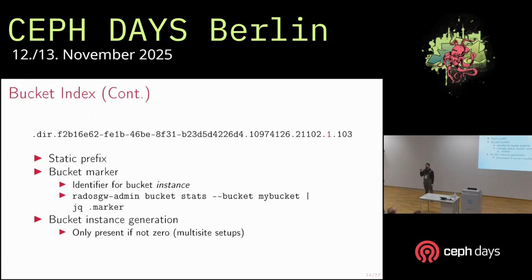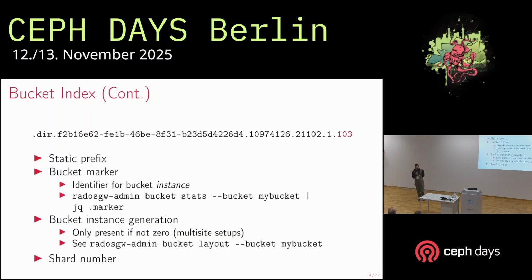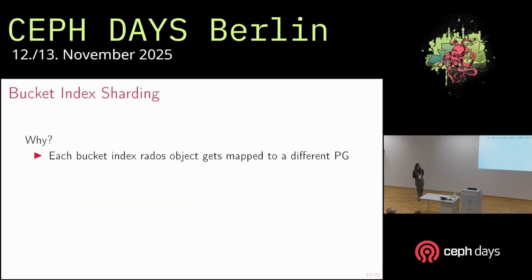That is in most cases not present, except if you're running multi-site. Then this number can change, and there's a magic command to retrieve the next generation. And we won't go into any more detail on that, but I just tell you, this can happen, this can be there, and that's how you can get the name. And then we have a shard number, because bucket indices are sharded.